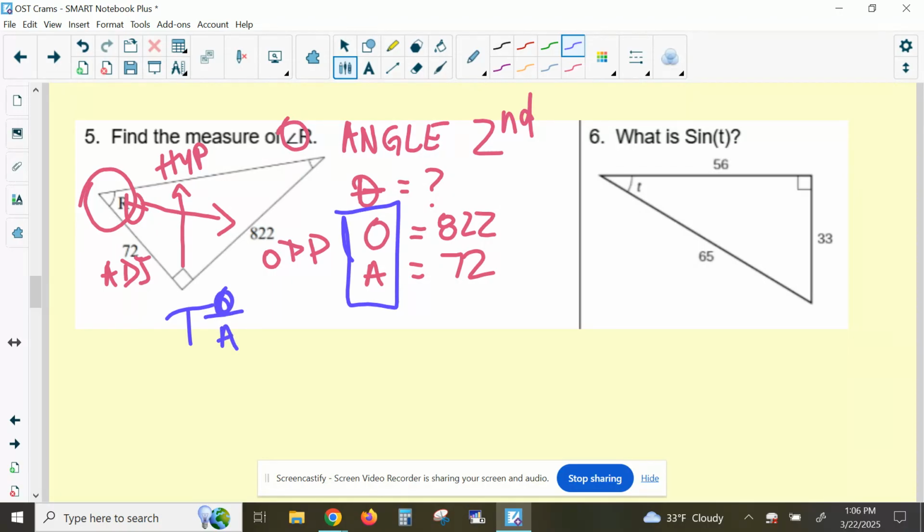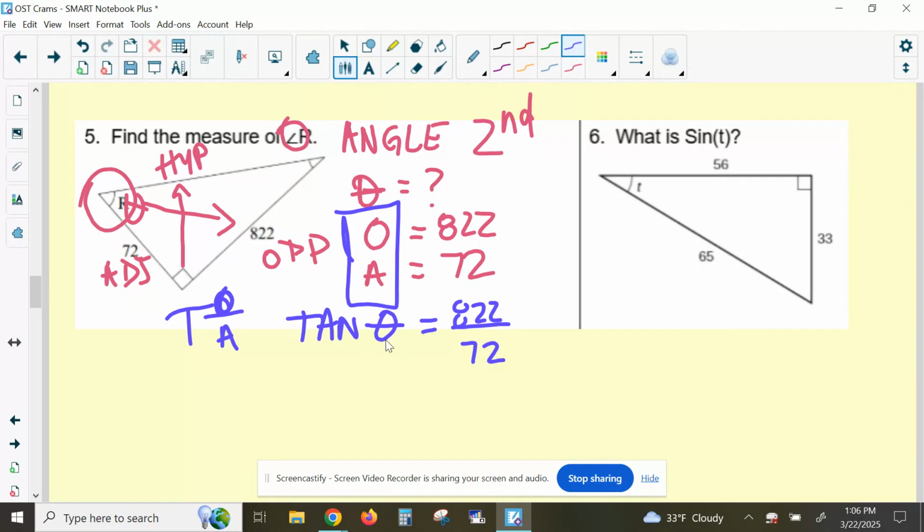Remember, same thing: write your word, tan, then your angle. I'll call it theta, or you can call it R, it doesn't matter. Then I put my equals, and then my fraction, opposite over adjacent: opposite 822 over adjacent 72.